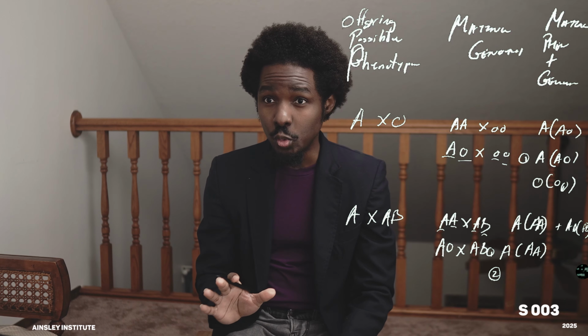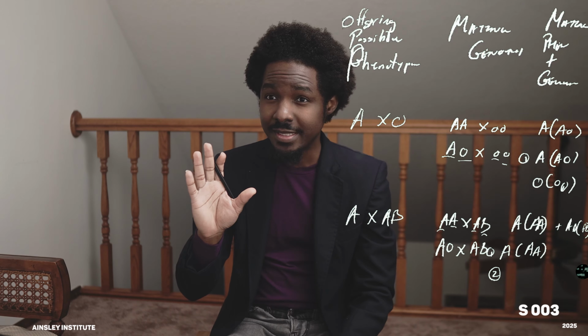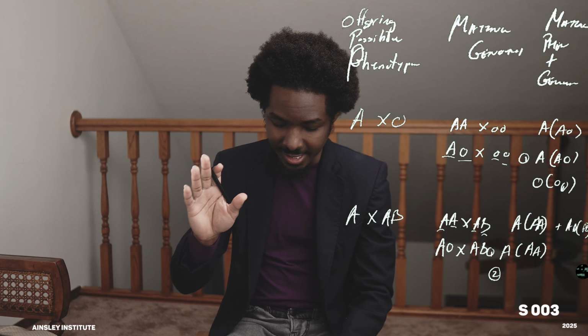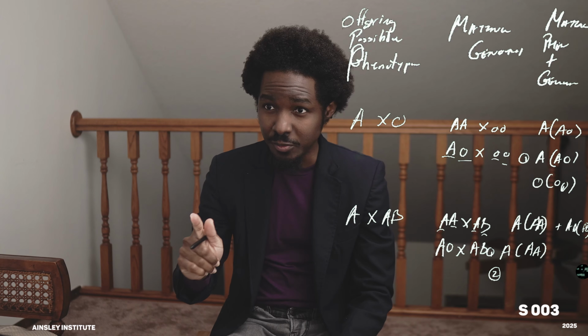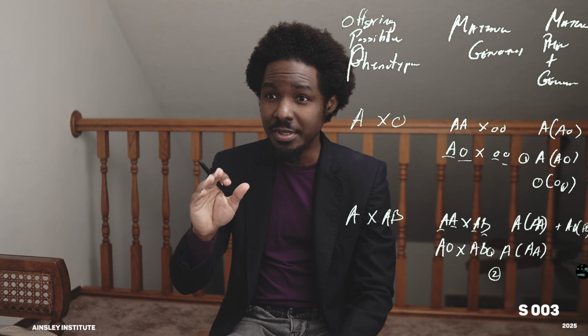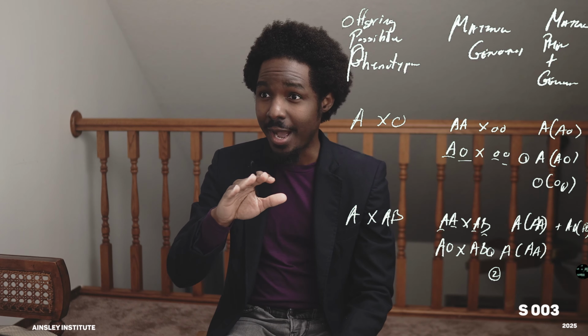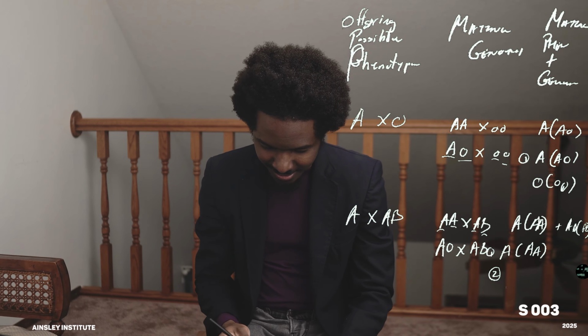AO. So we were going to look at it. This person is AO times AB. So this person can be A, and this A is AA or AO. This person can also be B, because the AB would be a BO, and this person can also be AB as expected.